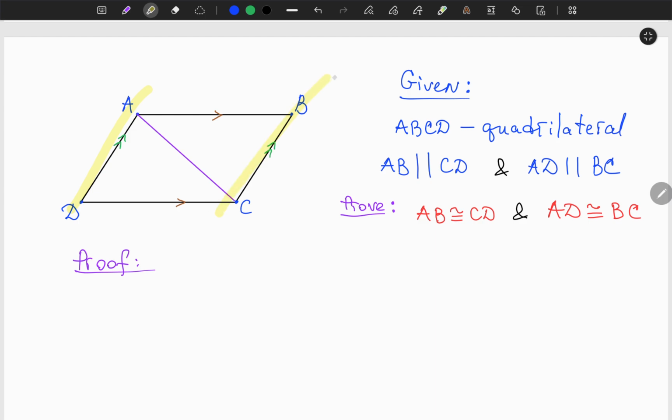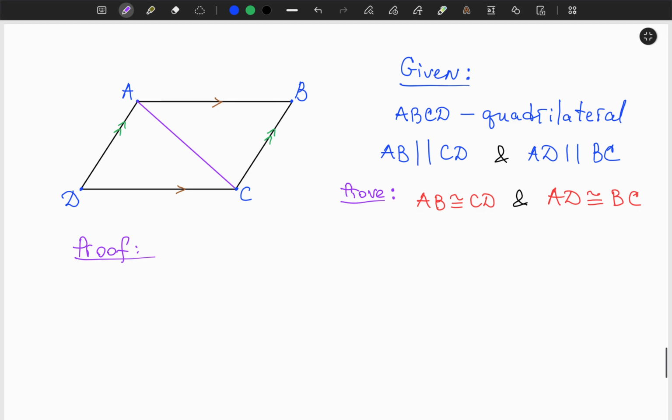With two parallel sides and a transversal AC, we have lots of theorems like alternate and corresponding interior or exterior angle theorems. So we can use those theorems.